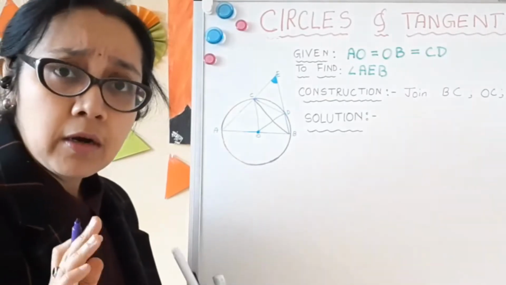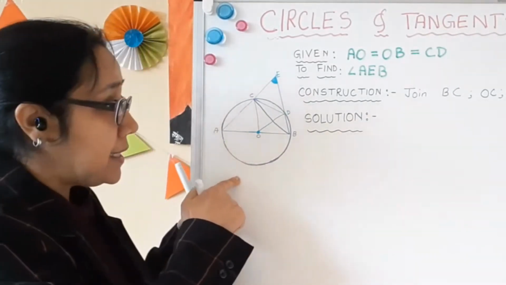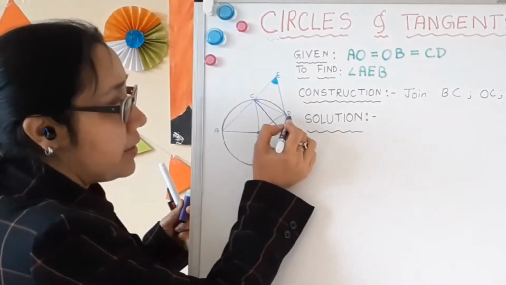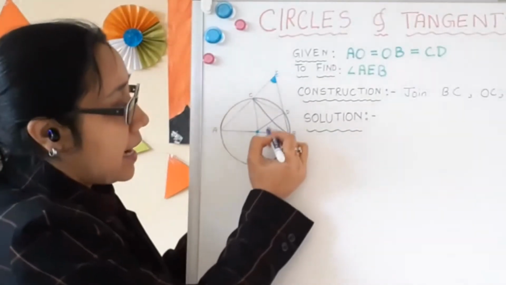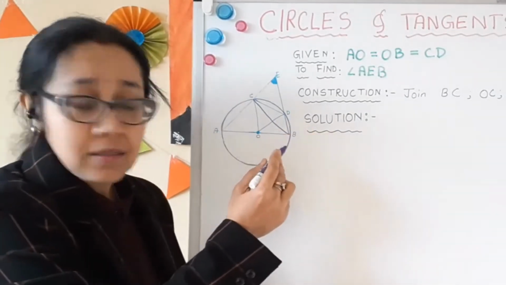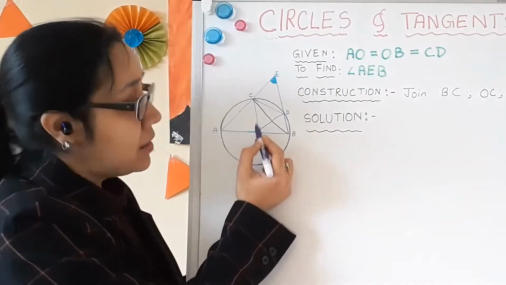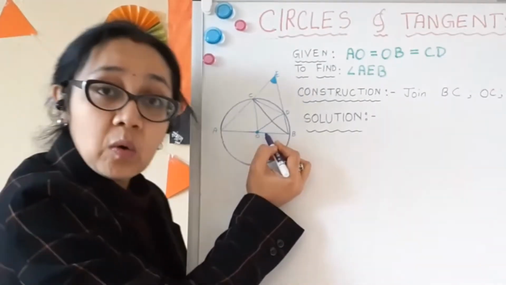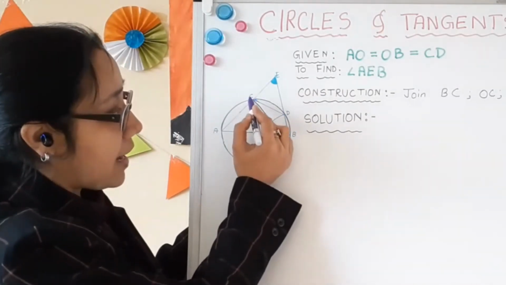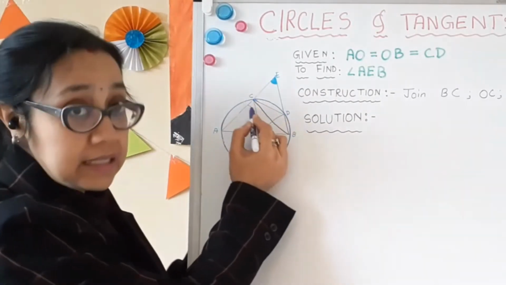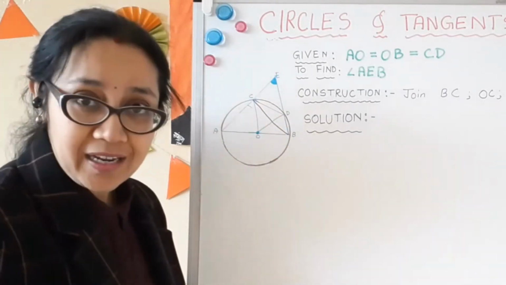Now if you have a closer look into this circle, it is already given that CD is equal to OB. That means it's the radius, and OD is also the radius because D is a point on the circumference and O is the center. Similarly, OC is also the radius. So if you look at the triangle, you will see that it is forming an equilateral triangle.